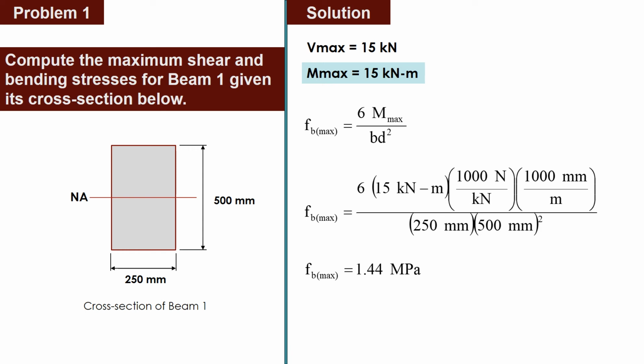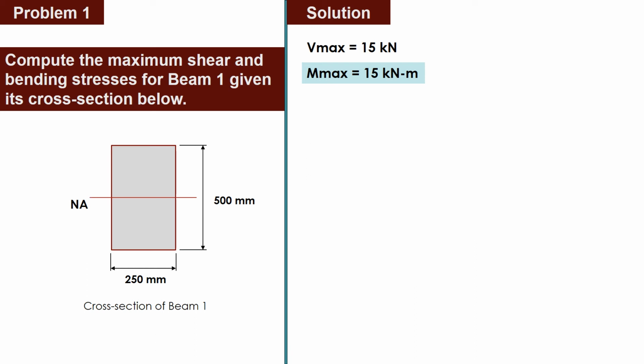Now let us use the general formula for bending or flexure stress. So, erase muna natin to. Okay. So, ito ulit yung cross-section natin. So, ito yung general formula. So, ang general formula is FB equals MY over INA. Pero, since maximum yung kinukuha natin, nilagyan ko lang din ng subscript dito na maximum or max.